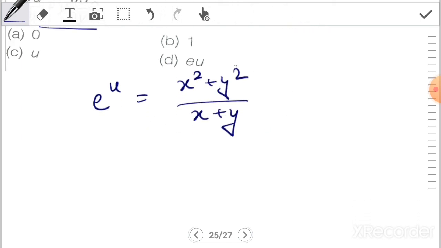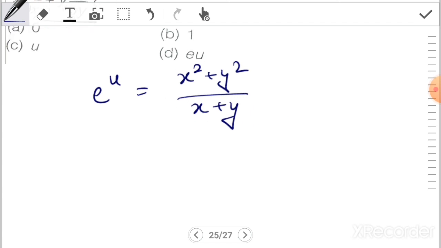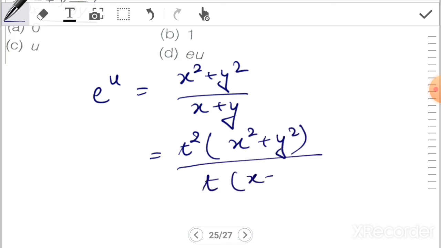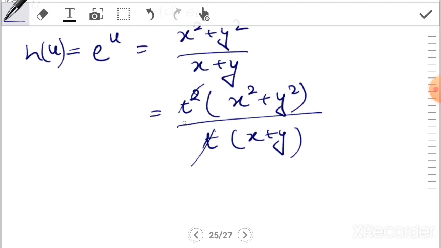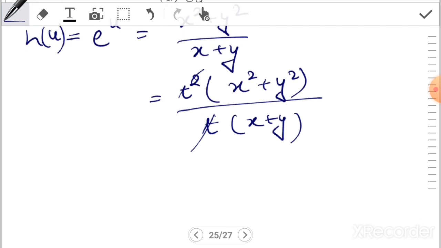Okay, now this becomes homogeneous. You can check by putting tx for x and ty for y. So this becomes t square (x square plus y square) by t (x plus y). So now this function is homogeneous of degree n, degree 1.